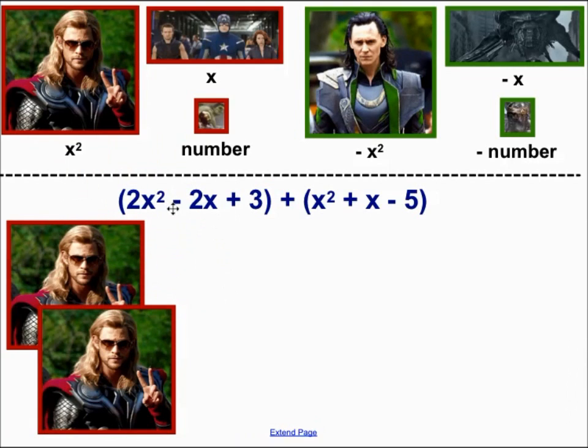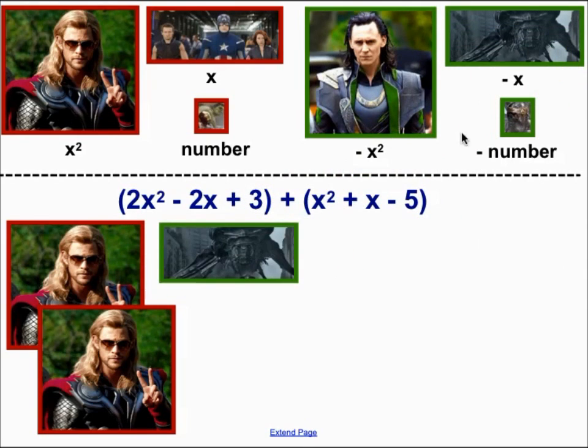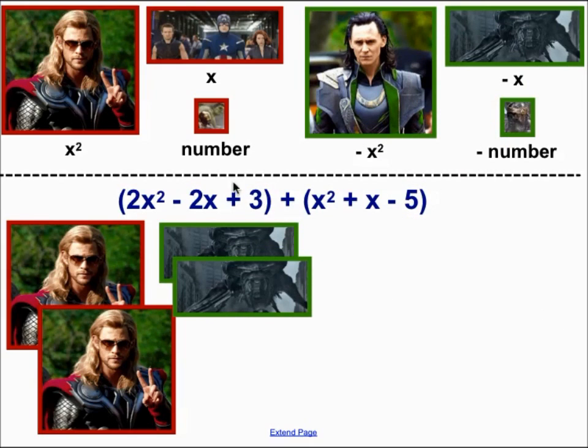Now we have minus 2x, and since there's a minus here, I'm going to take this guy, minus 2x, 2 of him, and we have 3, and that's positive. So 3 Iron Man Hulk combos. Okay. So that's the first polynomial.